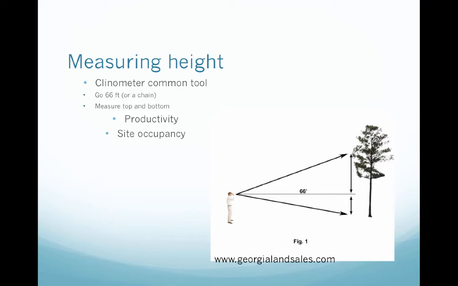Another way is a laser hypsometer, but with the clinometer, generally depending on the device, in our case we go 66 feet or a chain, and we measure the top and we measure the bottom. This gives us an idea of productivity, site occupancy, and general forest health and competition. So with height and diameter, those two measurements, we can tell a lot about our forest.